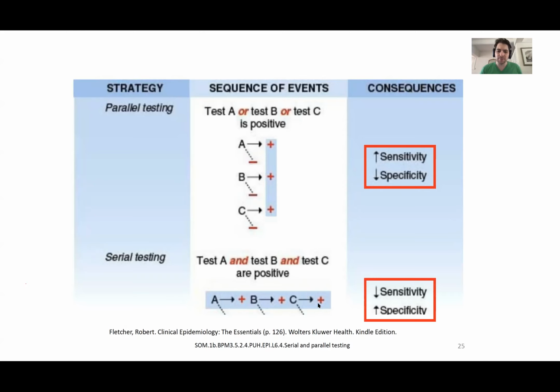The example I would use is serum tumor markers. They're broad, they're not specific. So you run a couple of tumor markers, all non-specific. None of them definitively say you have the disease, but if all of them test negative, it tells you that you probably don't have the disease. Hope that made sense.